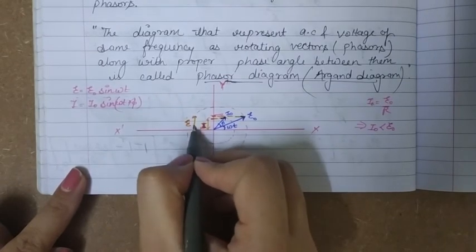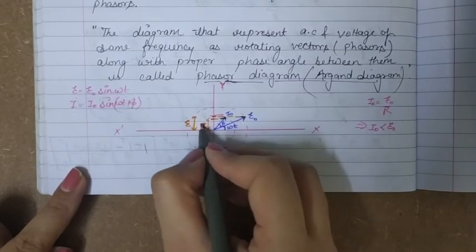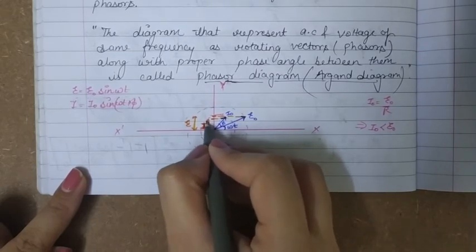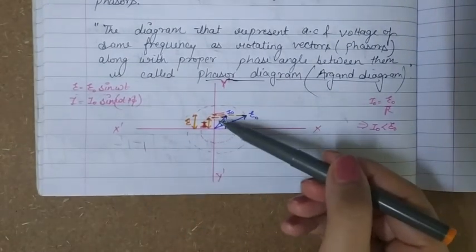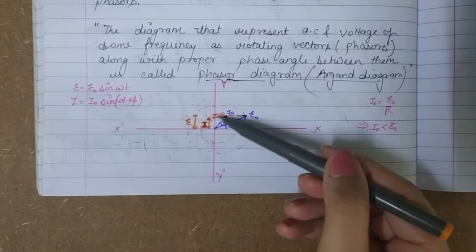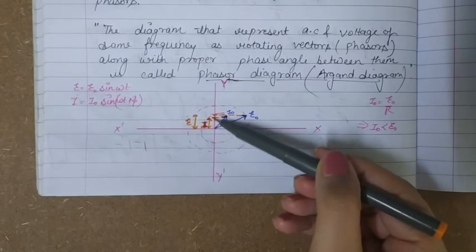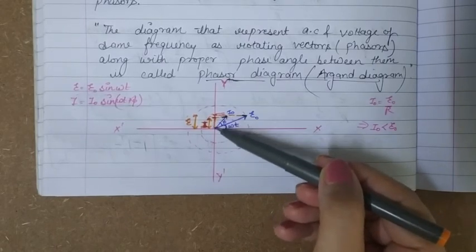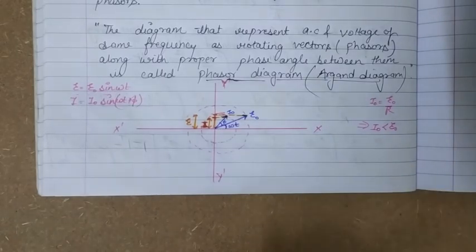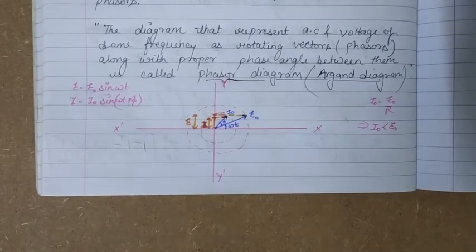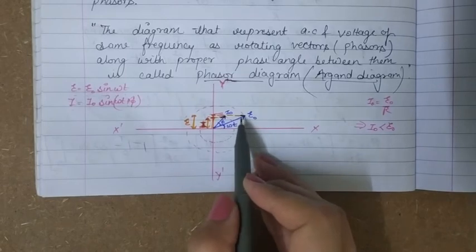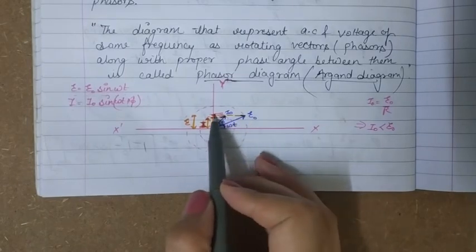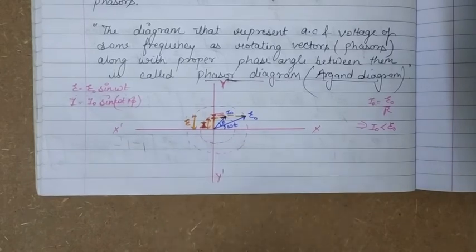These projections will give us the values of instantaneous current and instantaneous voltage. The projection of these vectors on the fixed axis gives the value of instantaneous current and instantaneous EMF at some time t. At the time instant at which we are observing this vector, its projection will give the instantaneous value for that instant only.